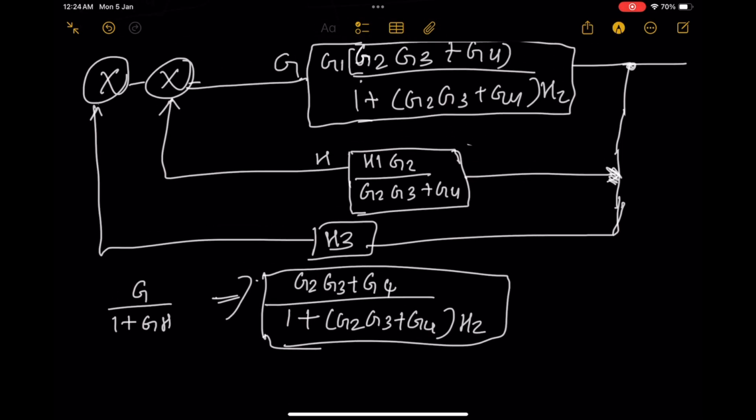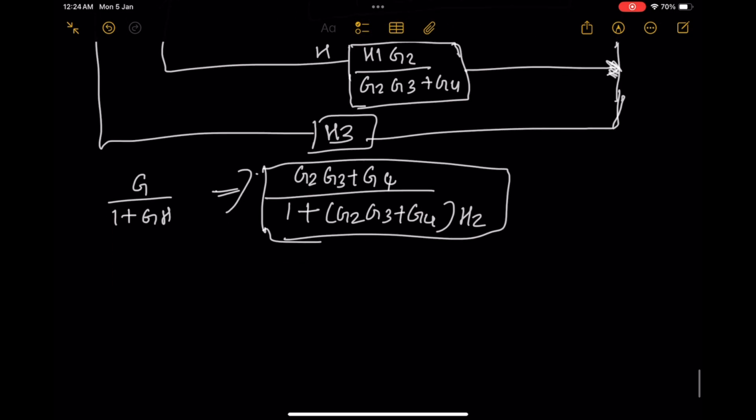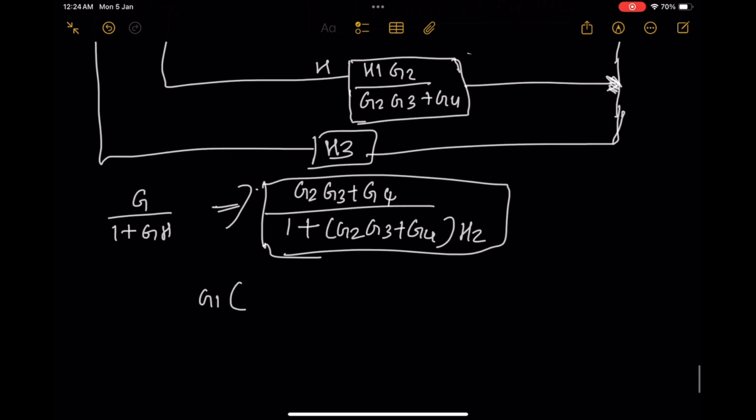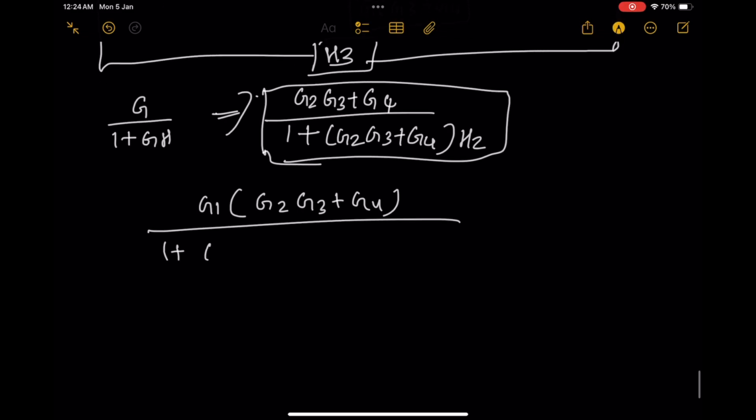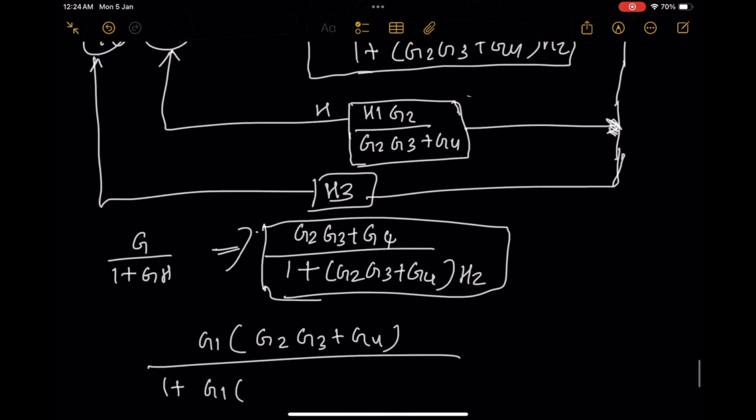So it will be G1 into (G2 G3 plus G4) divided by 1 plus G1 in 1 plus (G2 G3 plus G4) into H2.